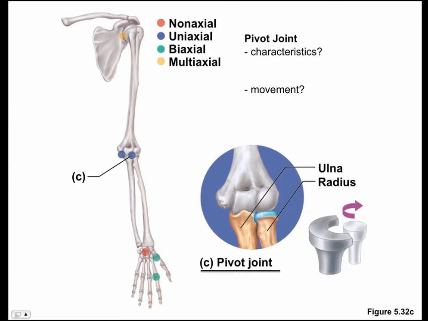Number 2, pivot joint. This is when we have a cylindrical end of one bone fitting into a trough-shaped surface of another bone, so it kind of seems like the other one. Here's an example, ulna and radius. Remember, the radius doesn't directly articulate with our humerus, but it does articulate with the ulna, and it does it in this way.